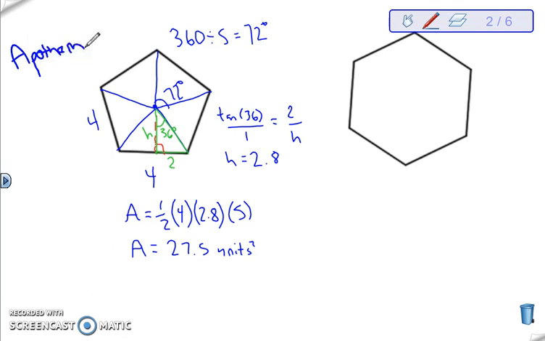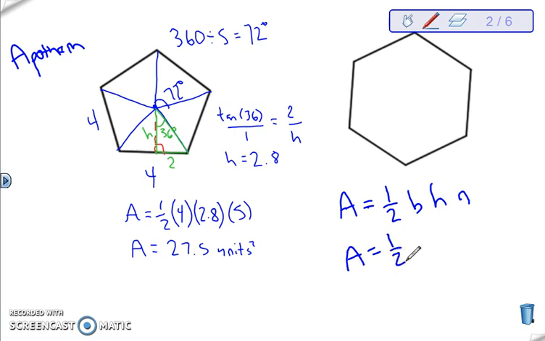So when we adapt our formula, what we're going to do is use an A instead of an H. If we look at the method that we used, we took the area of the triangle, which is 1/2 of the triangle's base times its height, and then we multiplied by the number of triangles.